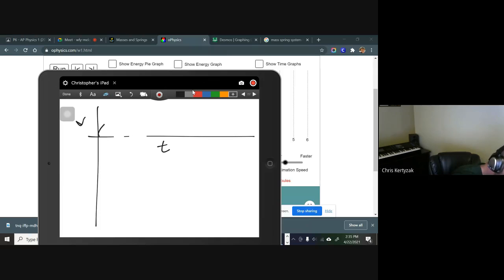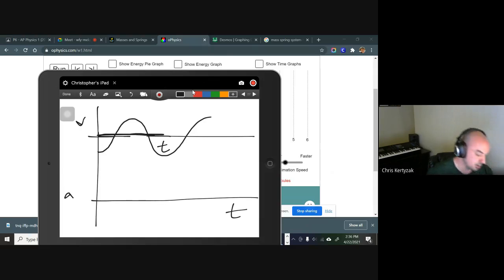Sorry. For the one we've been doing, it starts out moving to the left, right? If we looked at the acceleration versus time graph for that same motion, remember that when the velocity is 0, that's at one of the endpoints.